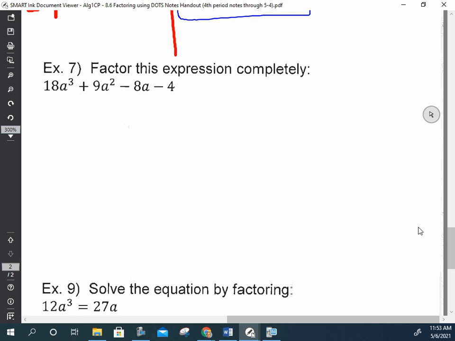Well, MAF is 3 terms. MAF plus is 3 terms too. So greatest common factor works for anything, but if you have 4 terms, you specifically use grouping.